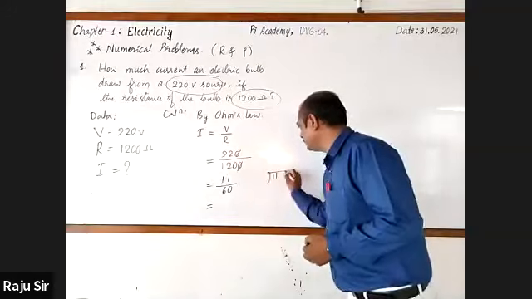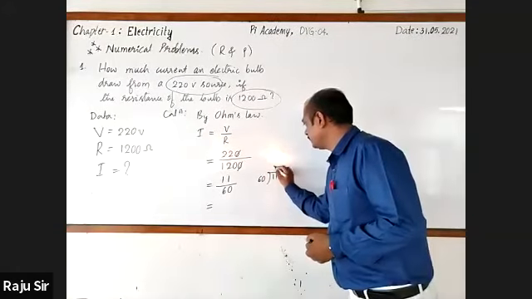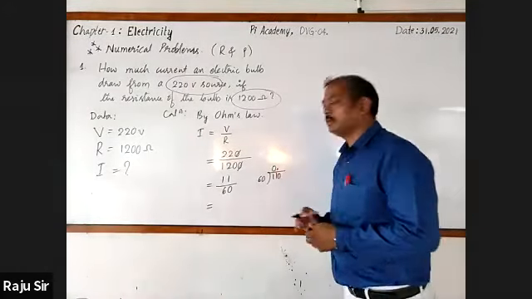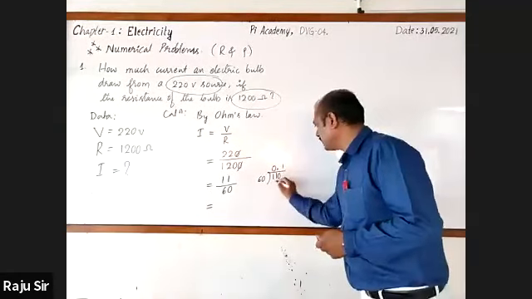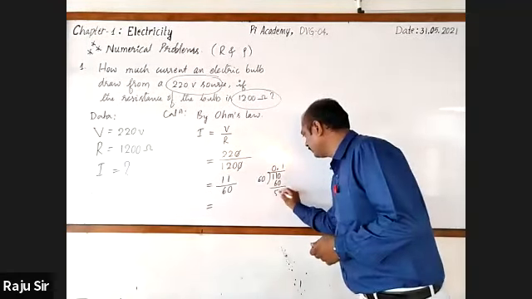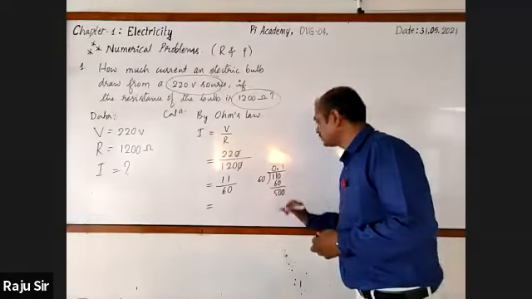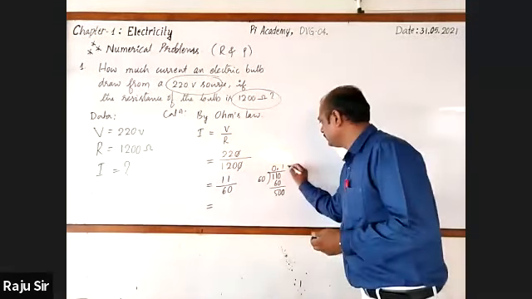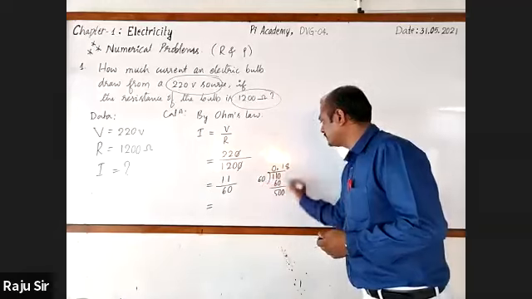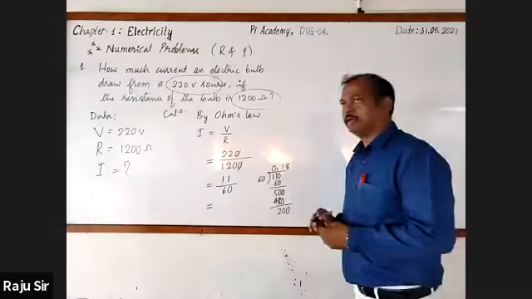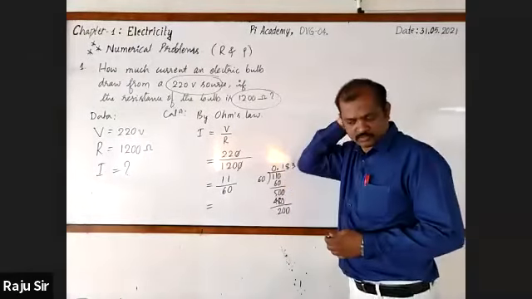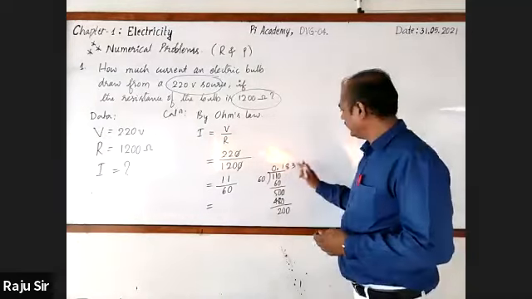You can divide 11 by 60. It is not divisible, so take a decimal. It will be 110. 60 ones are 60. You will get 50. Carry down one more 0, 500. Then 6 eights are 48. You get 20. Then it becomes 200. It is 0.1833 and so on.